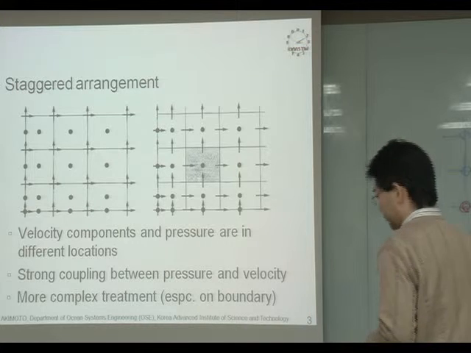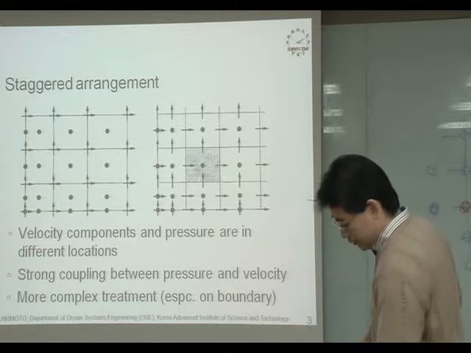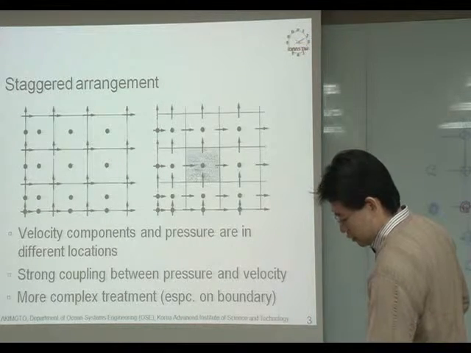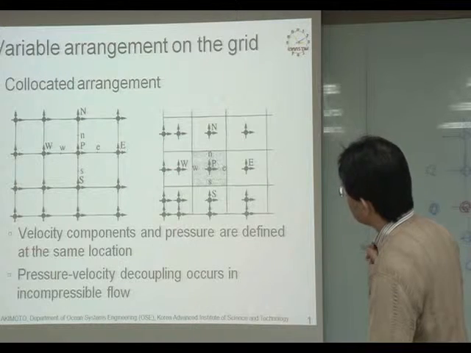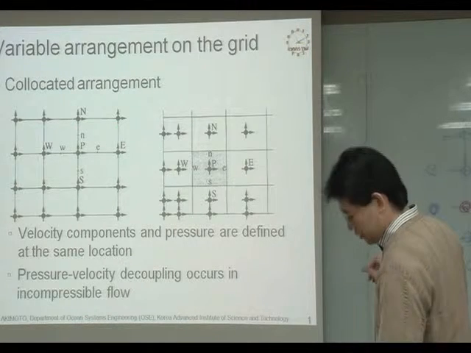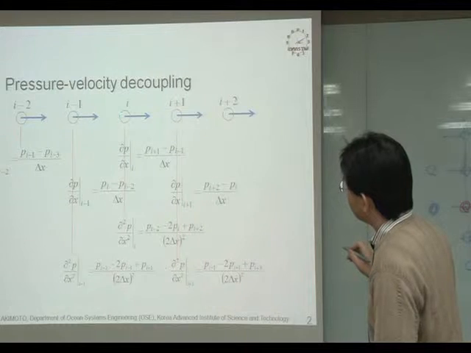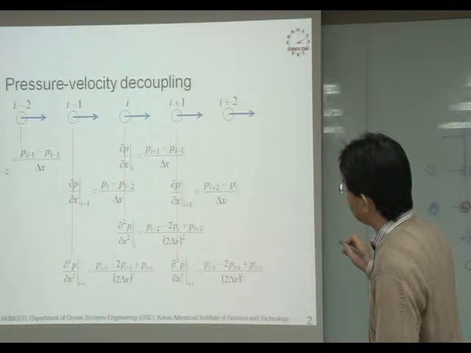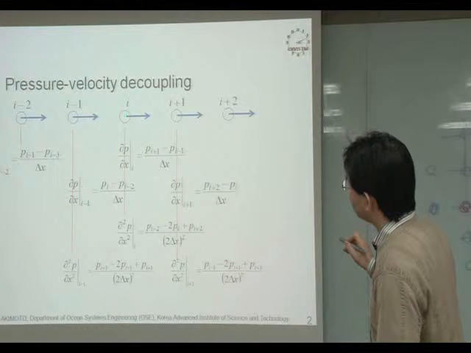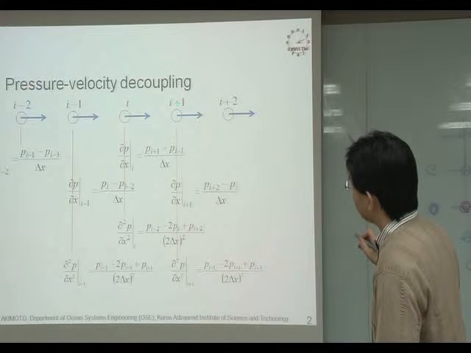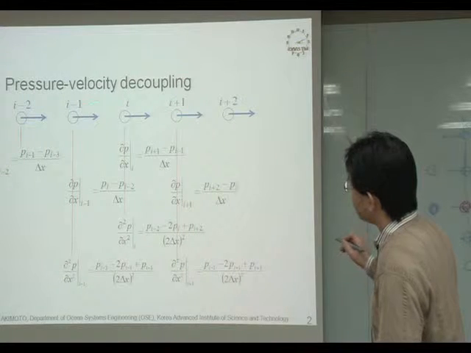So in the collocated grid approach, the two velocity components are here, and obtaining the pressure gradient is this pressure value minus this one.